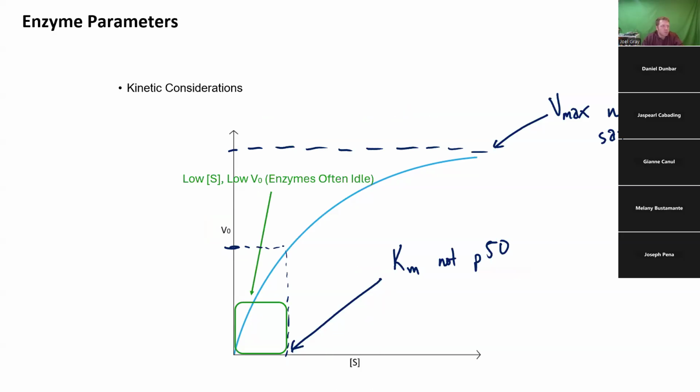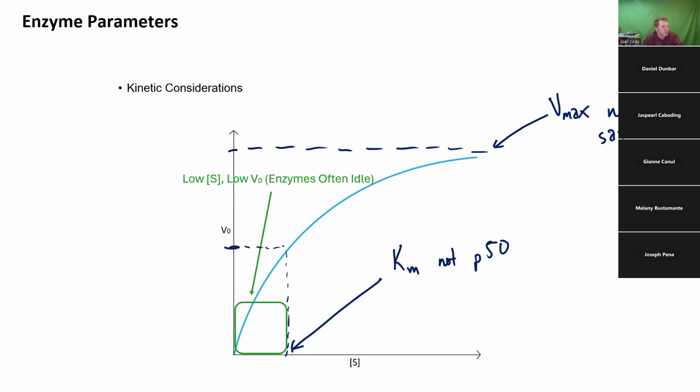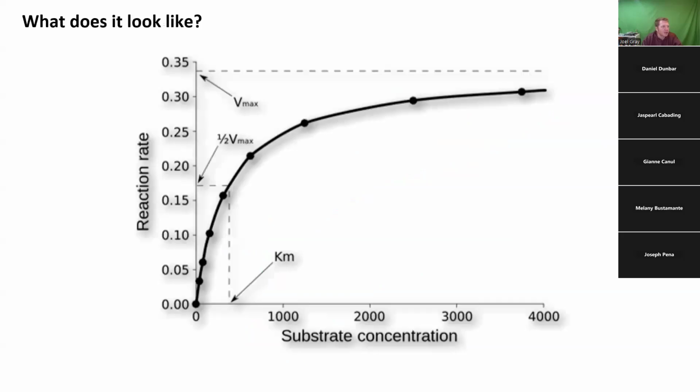Monitor with respect to our substrate's concentration. So our enzyme is typically going to be very slow whenever we don't give it a lot of substrate, and we're going to have a low initial velocity. At higher substrate concentrations, that's where our enzyme is going to be the most active.